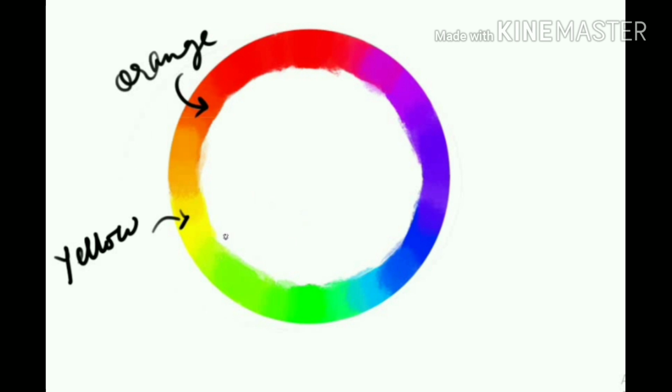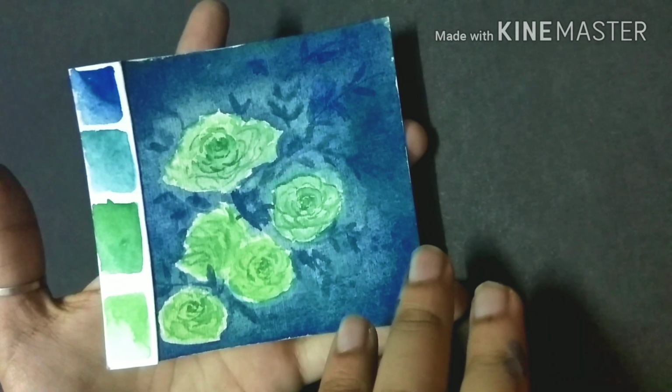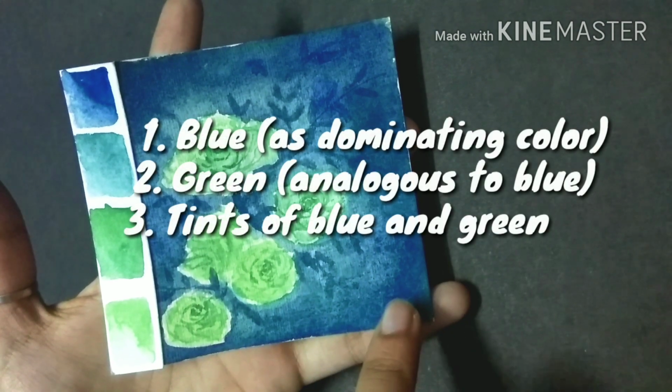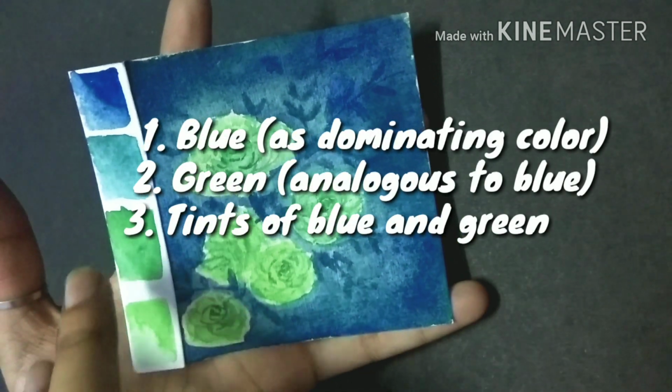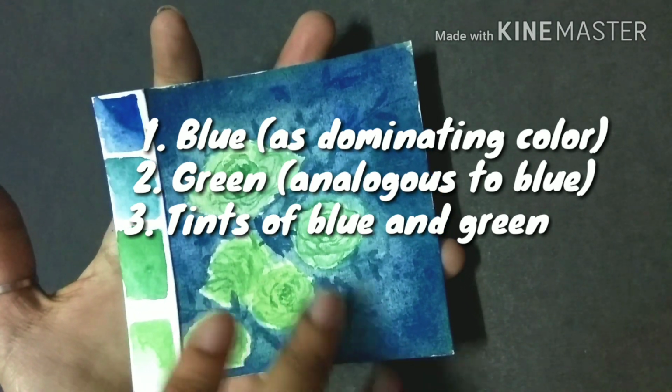Analogous scheme basically means 2 adjacent colors, or choosing 2 hues from the color wheel which are close by. Here, like yellow and orange, blue and green, then red and magenta. In this painting, I have selected blue as my dominating color and green as the second supporting color, so that maintains the analogous scheme.